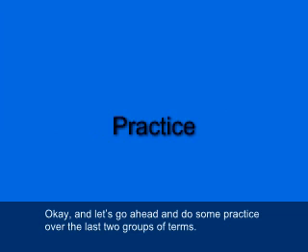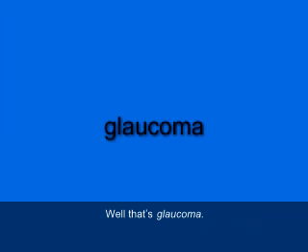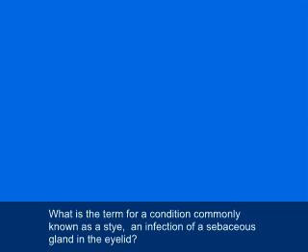Okay, and let's go ahead and do some practice over the last 2 groups of terms. What is the term for the condition of increased ocular pressure? Well, that's glaucoma. And what is the term for a condition commonly known as a sty, an infection of a sebaceous gland in the eyelid?